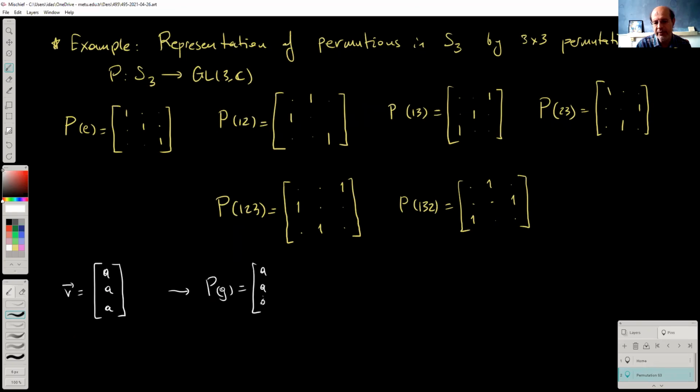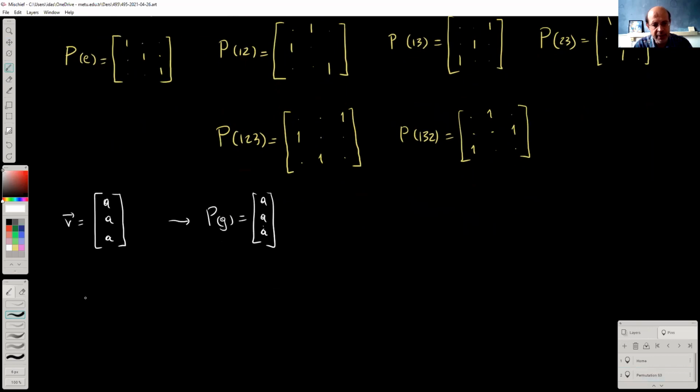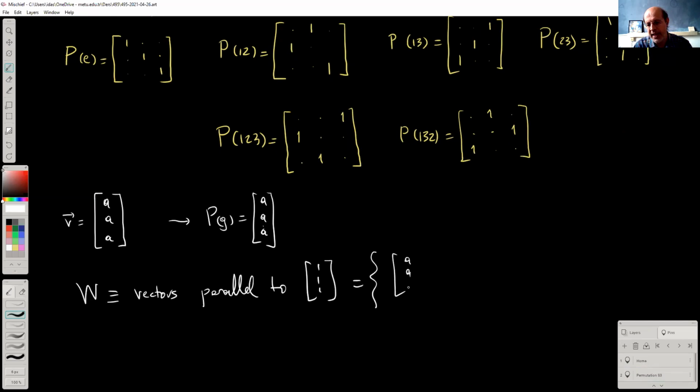I'm going to define W as the vectors parallel to (1, 1, 1), that is, vectors of the form (A, A, A), where A is a complex number.